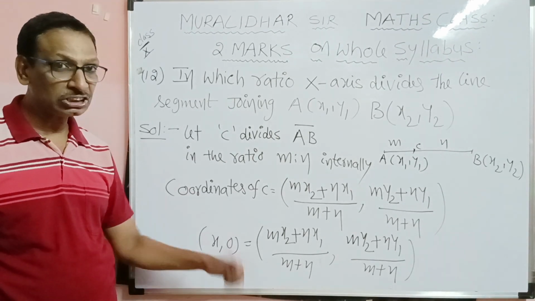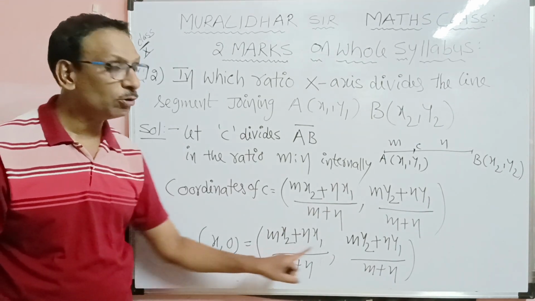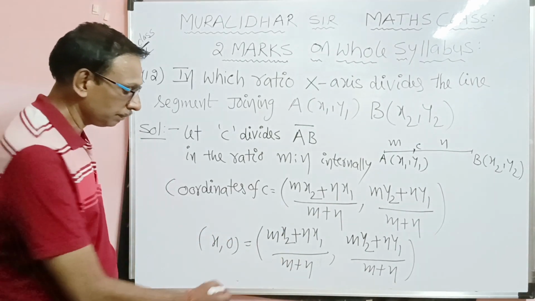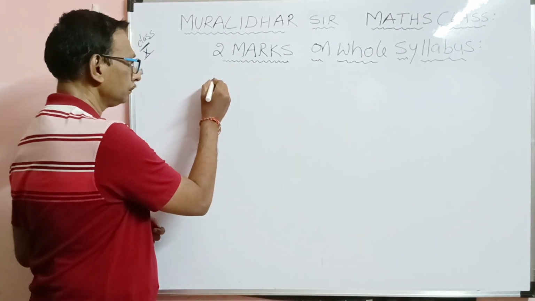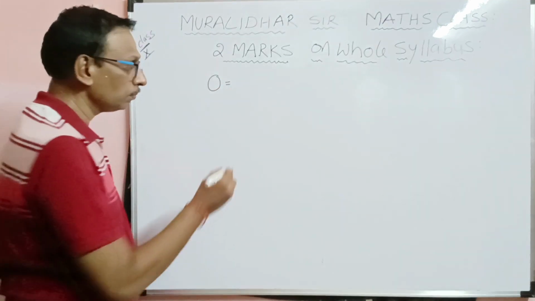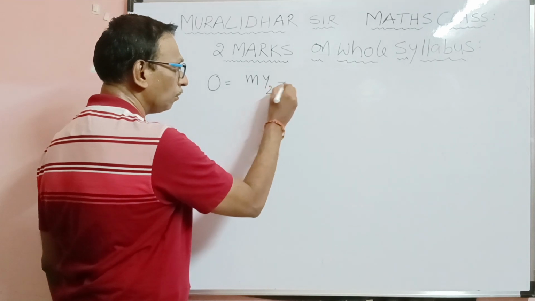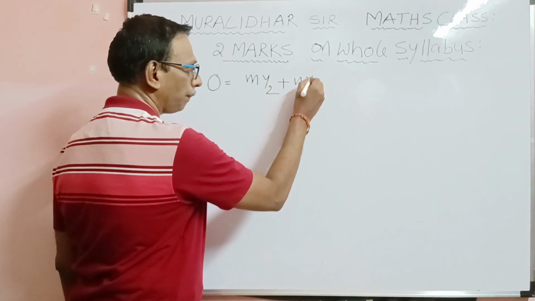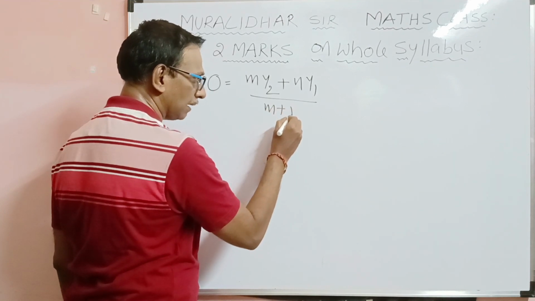Now in the next step we are equating the y coordinates together. Now we get 0 is equal to (my2 plus ny1) by (m plus n).